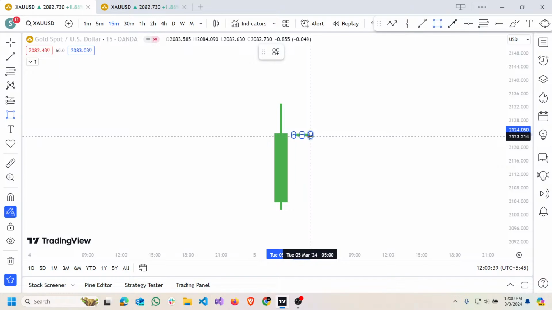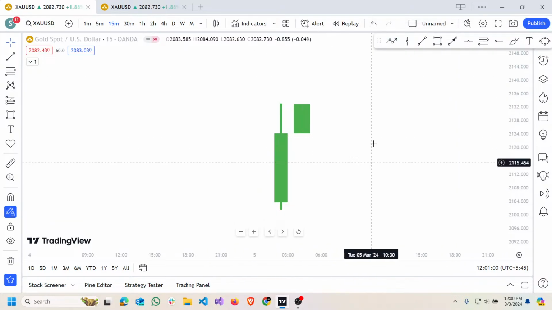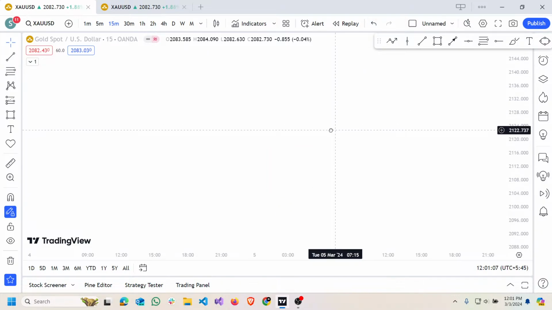In some cases, I just enter at the opening of this candle. In other cases, I wait for a bottom wick to form and enter at the bottom, like a weak entry, expecting the market to at least fill this range. In this method, I basically take 10 to 15 to 20 pips profit, not that much. The RR is not bad for this.